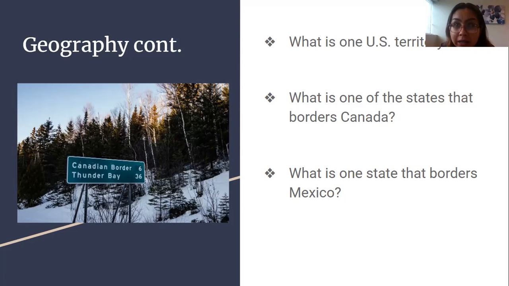Can you try to guess some of those states? The correct answers would be California, Arizona, New Mexico, and Texas. Just remember, you only need to know one of the states, not all of them.